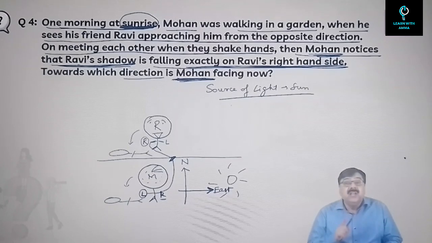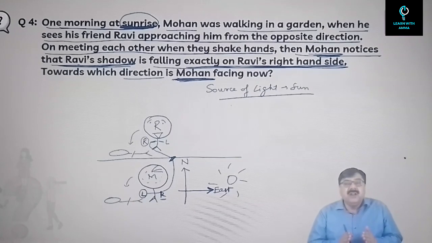Now, case 3, during evening, let us say that you're taking a walk and sun is on your left side, that is in the west. That means you are heading towards the south direction. Now, case 4, in the evening near sunset, you're taking a walk and sun is on your right side. That means you're moving towards south.